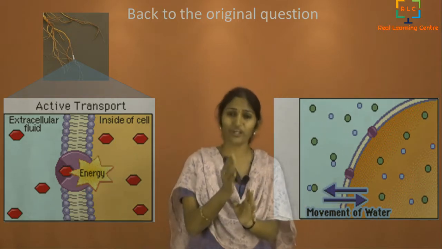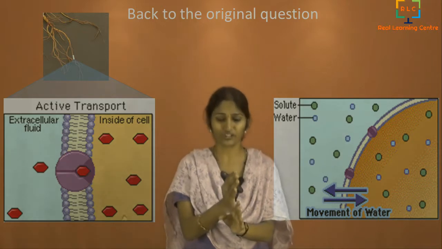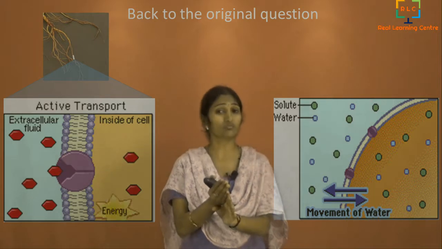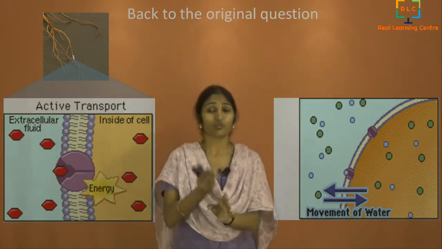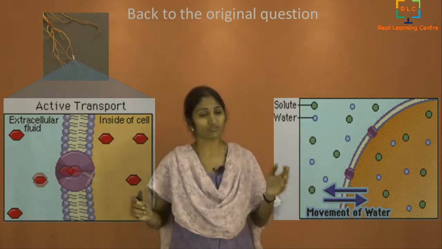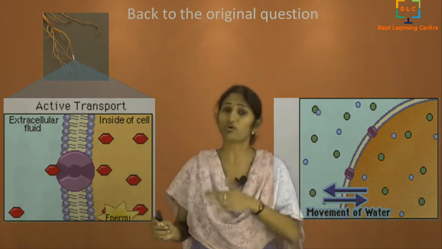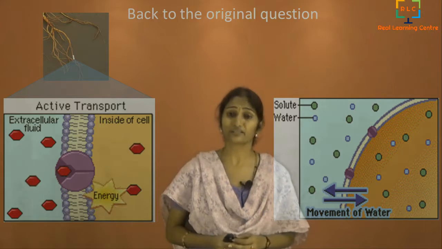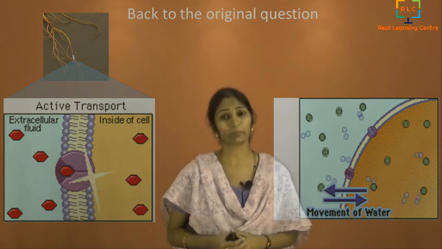It's kind of a filter. It will allow only a few molecules to come inside, whereas it will not allow all of them through. Now, this kind of membrane, which allows a few of them to come freely and a few of them not to, we call a semi-permeable membrane.